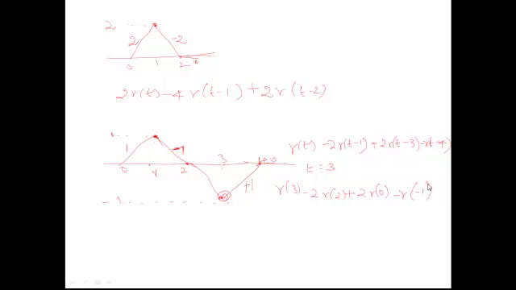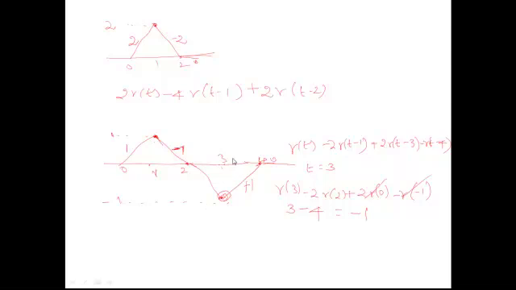Now you know our ramp signal is not there on the negative side. Ramp of 0 is also 0. Cancel this. Ramp of 3 is 3. And ramp of 2 is 2. That multiplied by 2 gives you minus 4. 2 into 2 is minus 4. So 3 minus 4 is equal to minus 1.